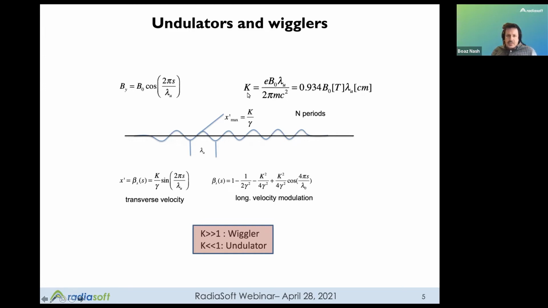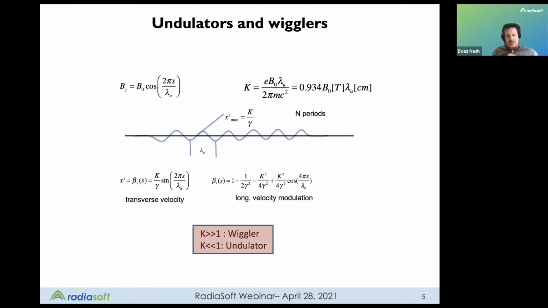The K parameter is the undulator parameter, proportional to the field times the period, and that determines whether you have a wiggler or an undulator, and it essentially sets the maximum angular deviation of the electron as you pass through.